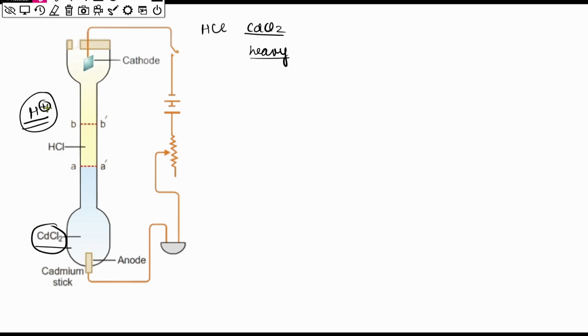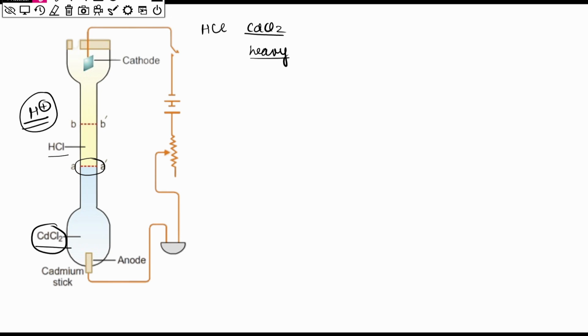The H+ ions and this HCl are less dense as compared to cadmium chloride, so it will float over the cadmium chloride. When it floats over the cadmium chloride, a boundary is formed between the hydrochloric acid solution and the cadmium chloride solution. This boundary is present because of the density differences.